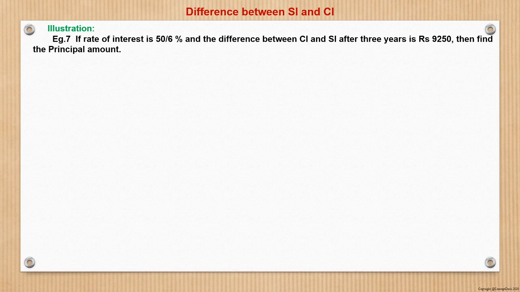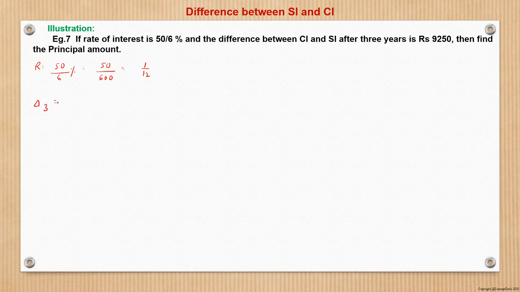So here question 7 says that if the rate of interest is 50 by 6%, so 50 by 6% means 50 upon 600, which means 1 by 12. And the difference between the CI and SI after 3 years is 9250.